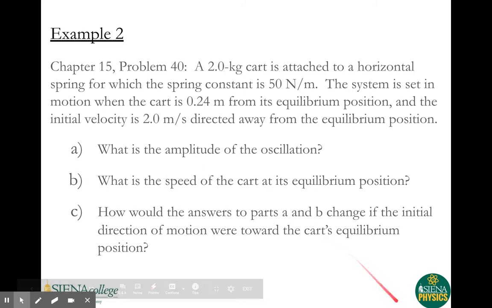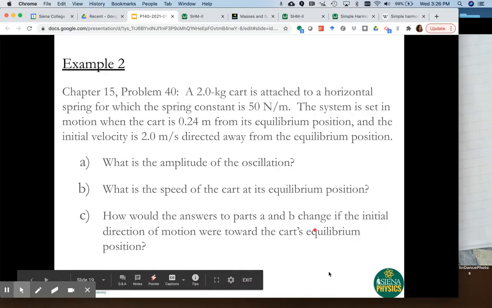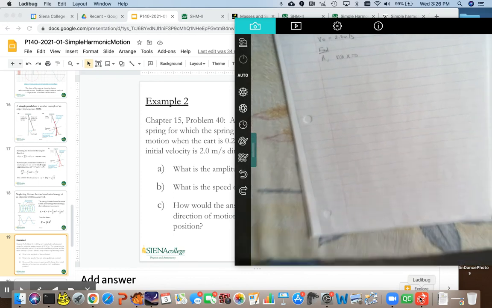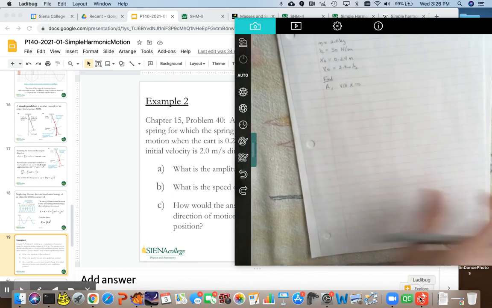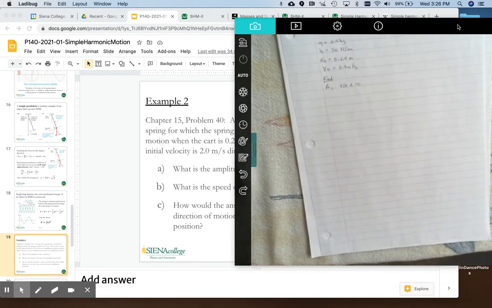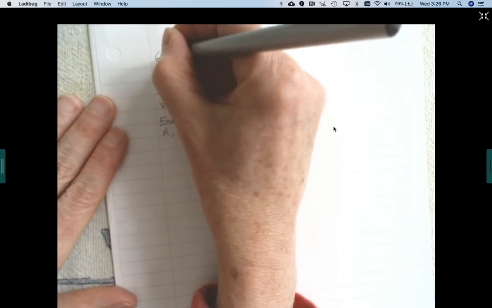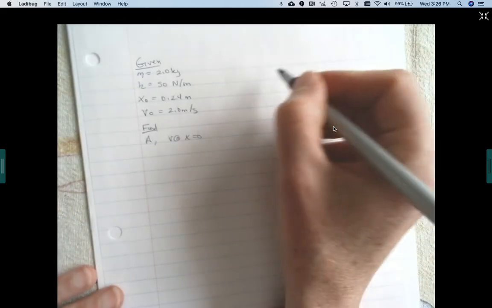Okay, so let's switch over to Ladybug. Go full screen mode here. Remember, we're going to set up our problems so that we get our full presentation points. I already wrote what we were given based on reading the problem, what we need to find, and then we're going to draw a nice picture.